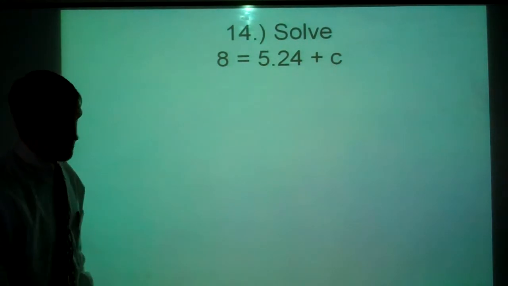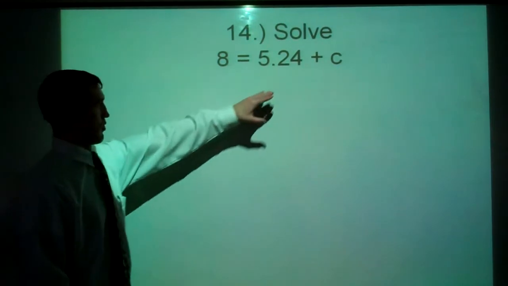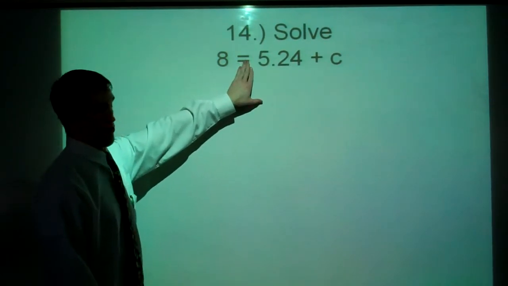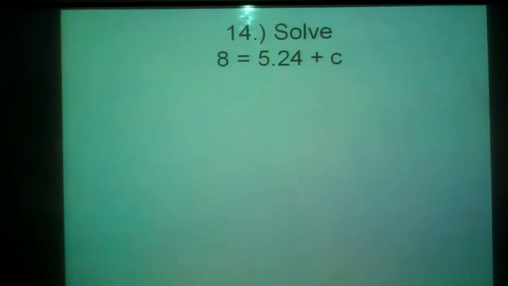So for this one, it is 8 minus 5.24, because we're going to do the inverse of adding and subtracting. And that gets us to the point that we're looking for c. Because remember, whatever we do on one side of the equation, we have to do to the other. If I get rid of 5.24 here, I have to get rid of 5.24 here in order to keep the equality of the equation, and that gets us to c. I believe it's 2.76 for c.